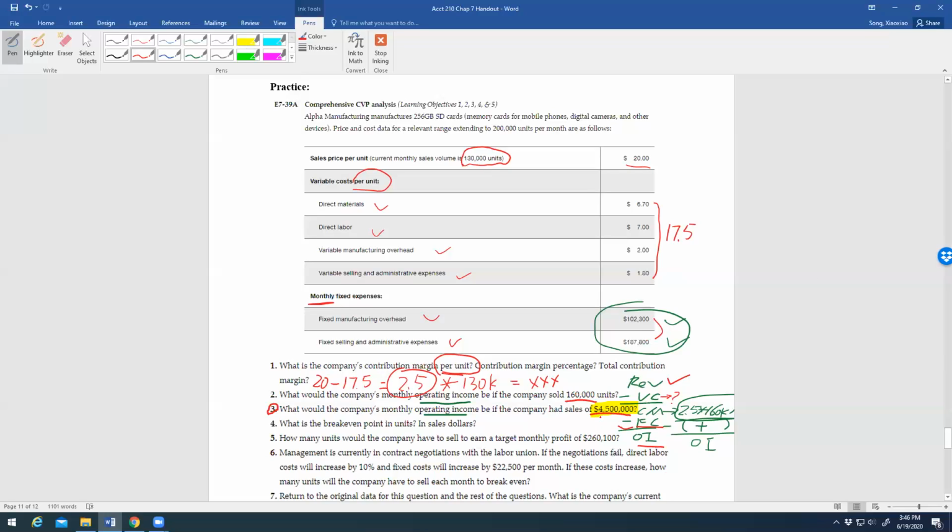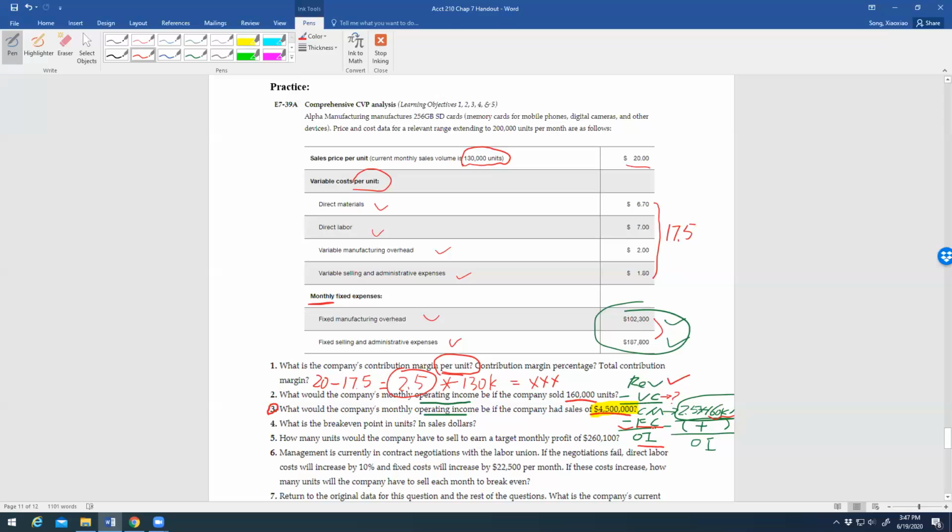One way is you use 4.5 million divided by $20 each, then you get how many units are sold. Once you get the units sold, you can times the variable cost to get the total variable cost, or you can just use your contribution margin times the units. You get the total contribution margin, you minus all the fixed cost, you get your operating income.